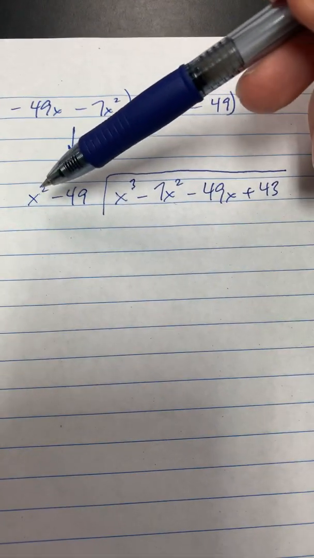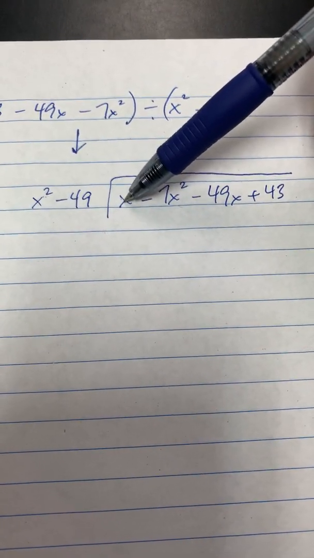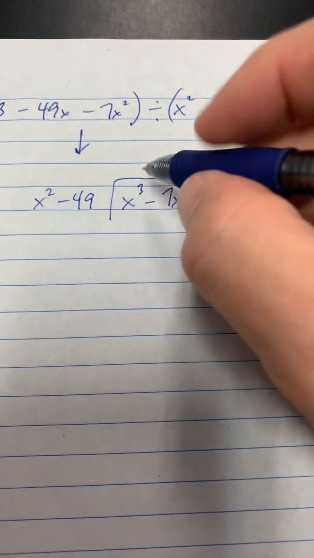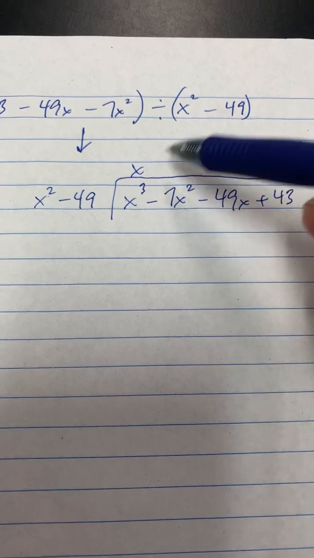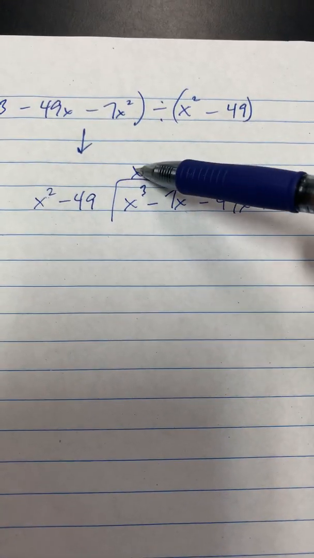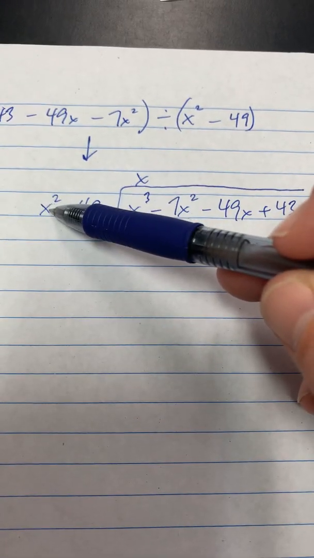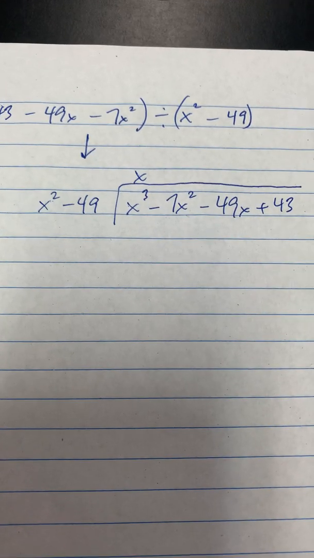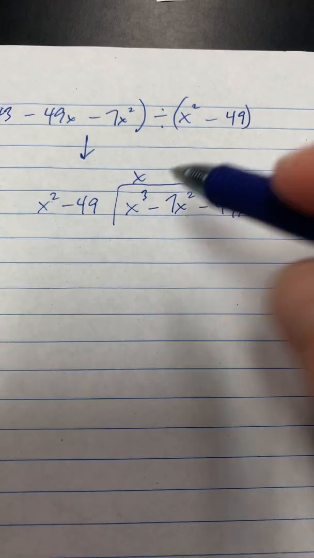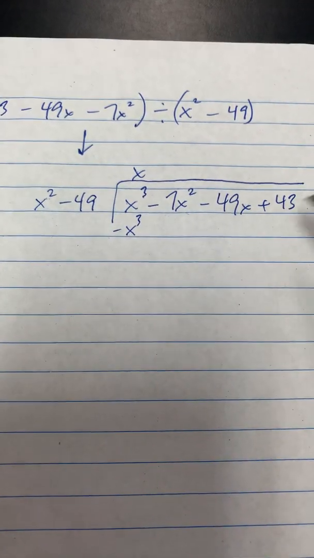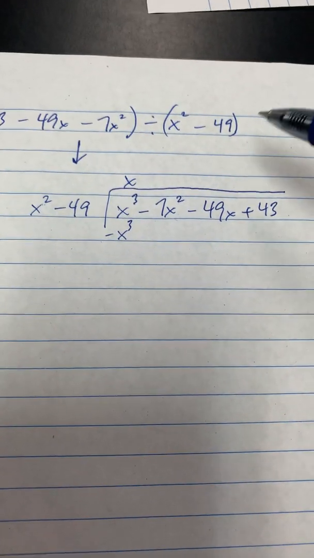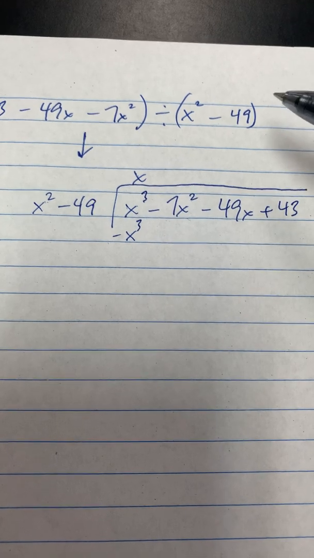So x squared times what gives us x cubed? Well, x. So x times x squared would normally give me positive x cubed, but we're going to make that negative x cubed. Now watch what happens here.